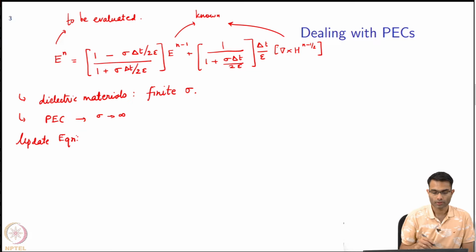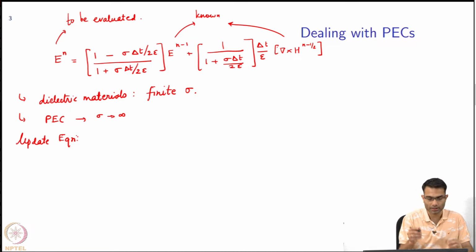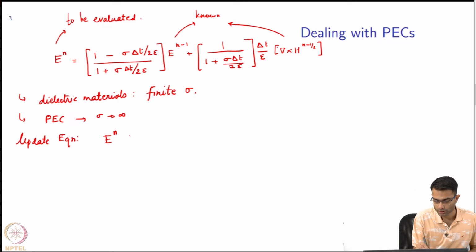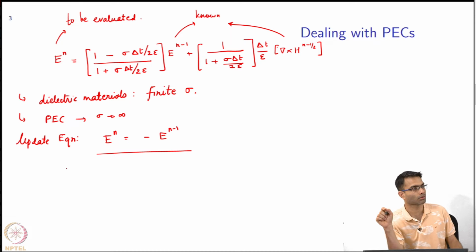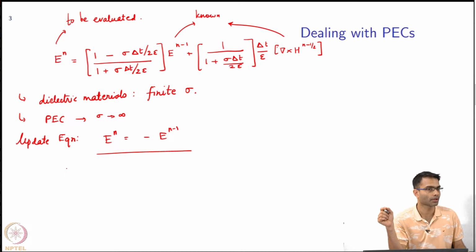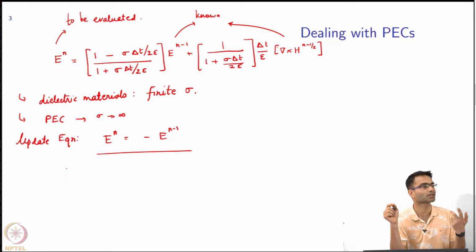So what does the first term simplify to? Minus, yeah, right. So I will get E n is equal to minus E n minus 1, and that's it. The other term goes to 0. That's very helpful to me, because if I initialize it at 0 on a PEC, which is what it should be, it continues to be 0.